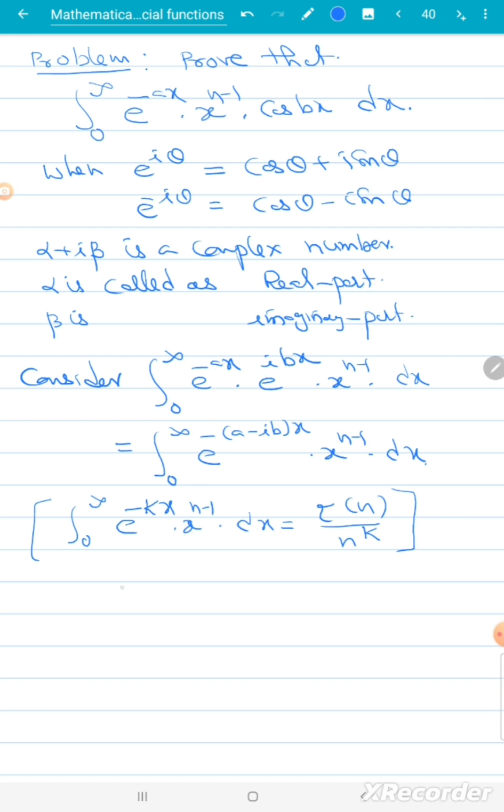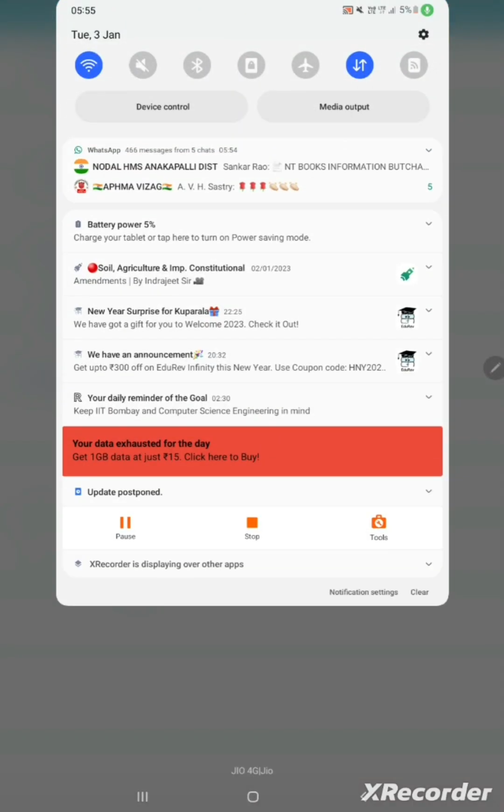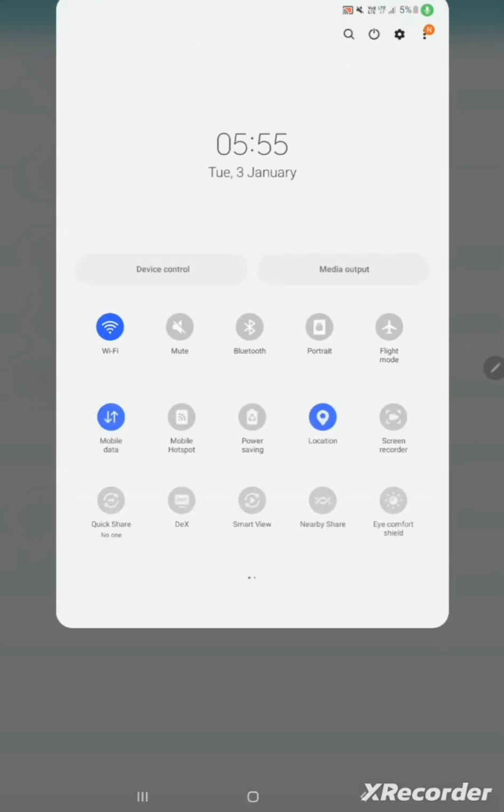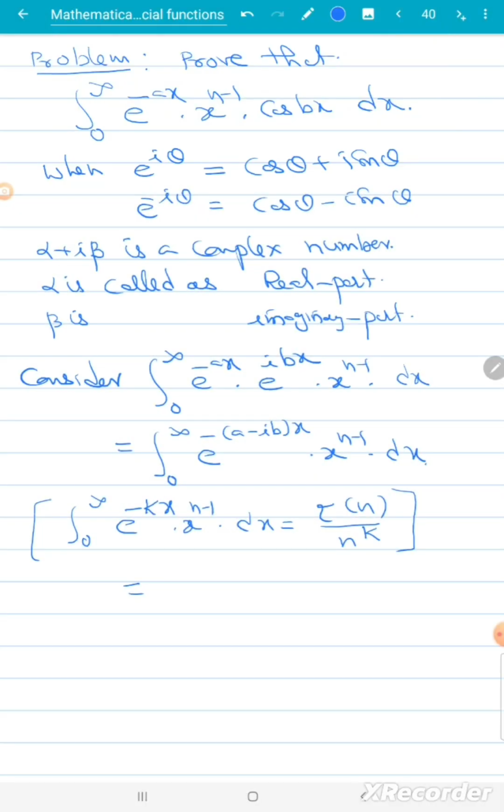So now this value is equal to the integral from 0 to infinity, which is gamma of n by k to the power of n, where the k value is a minus ib.